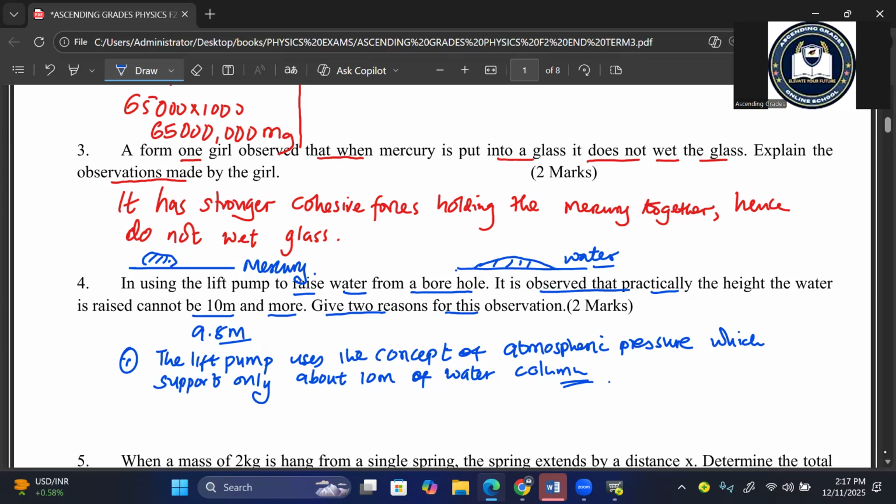Then number two, due to leakages in the valves and the pistons.